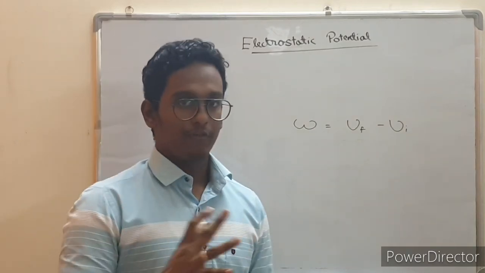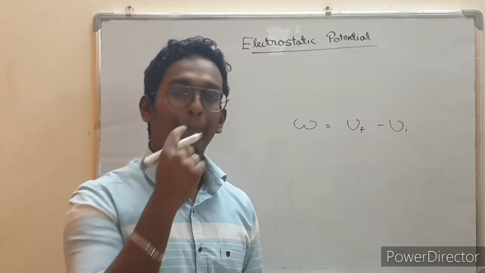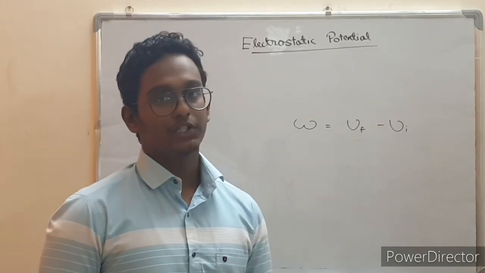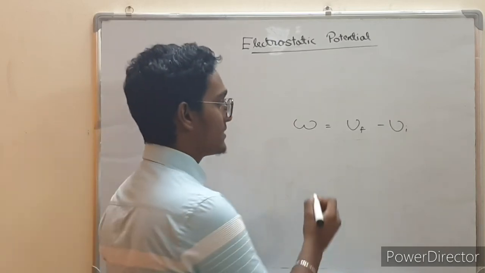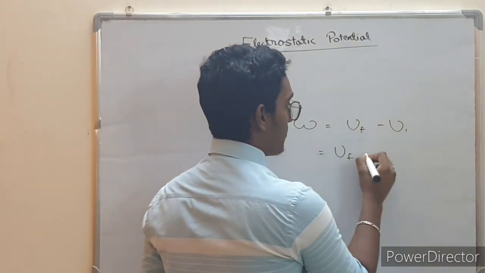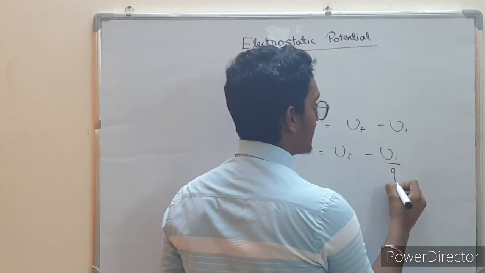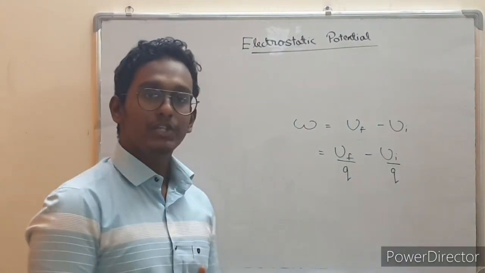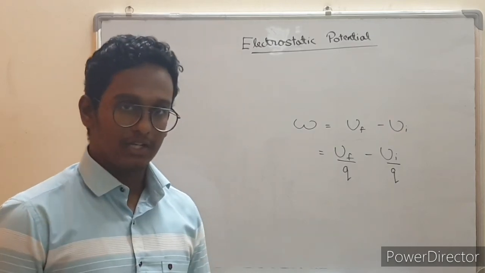To avoid this dependence on charge, we divide by the charge to eliminate its dependence. That is, UF minus UI by Q. Now the potentials do not depend on the charge that you're bringing in.